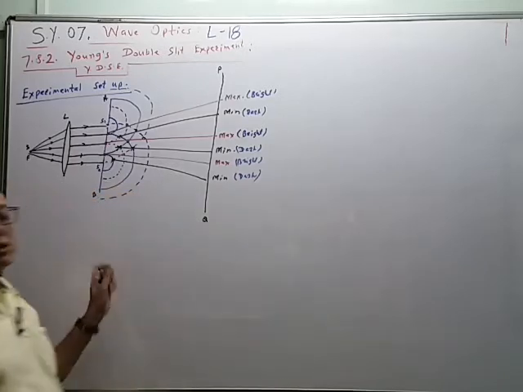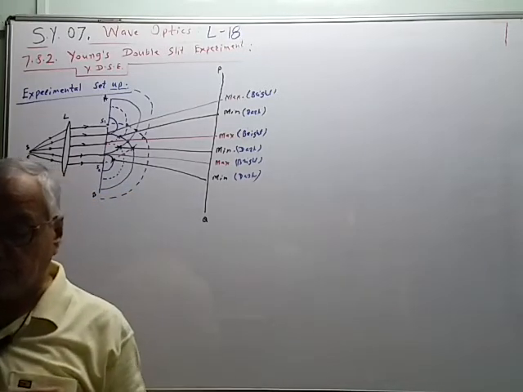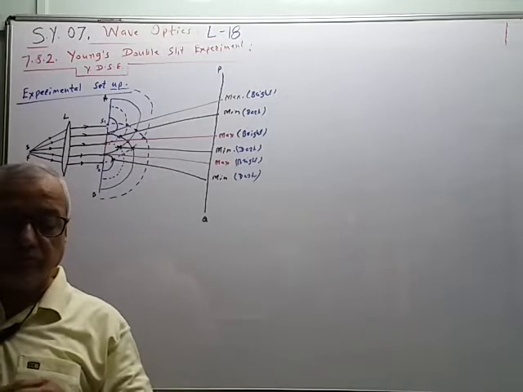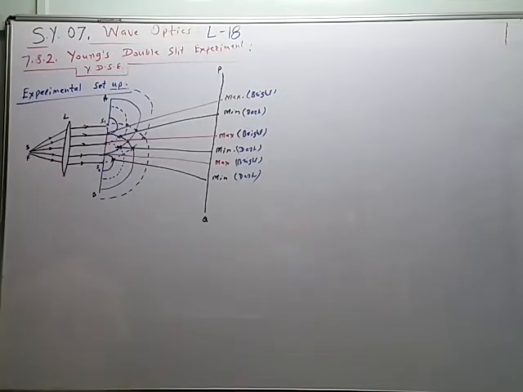So this is the nature of the interference pattern, like this. So this is the experimental arrangement, Young's double slit experiment, like this.